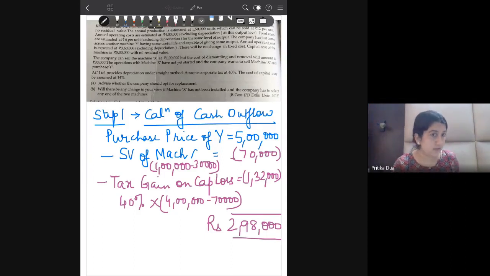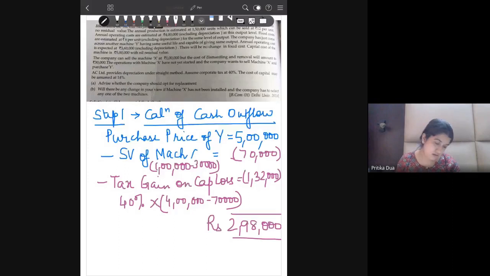Okay, please proceed with the calculation of cash inflows. We will have equal cash flows for 5 years.